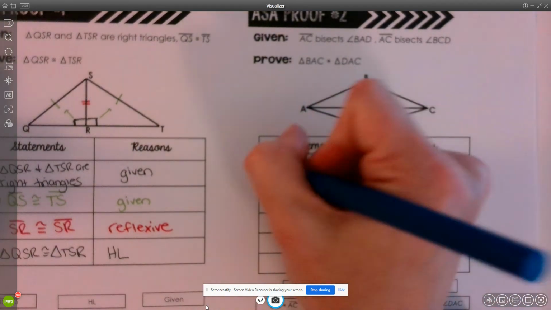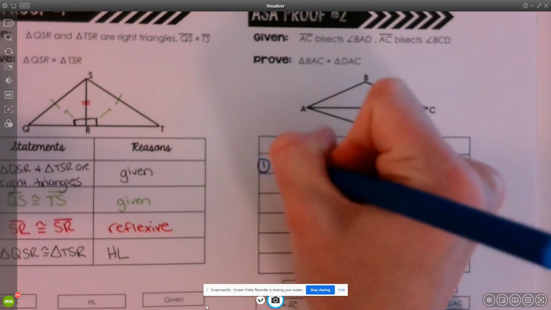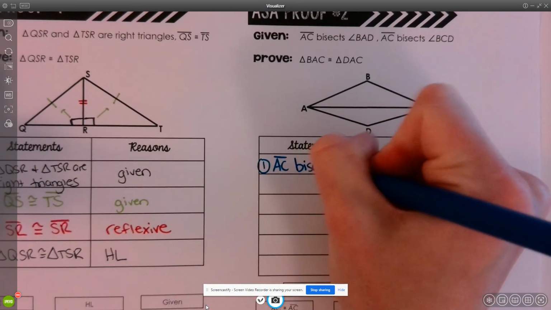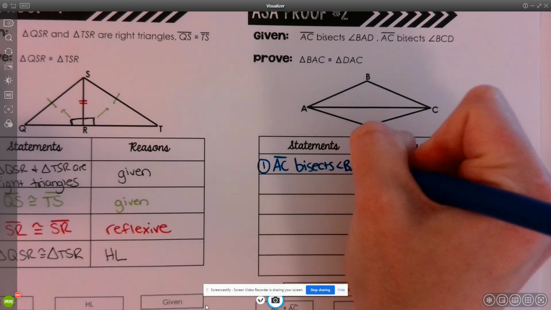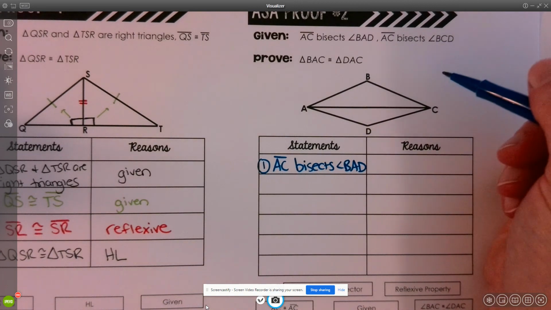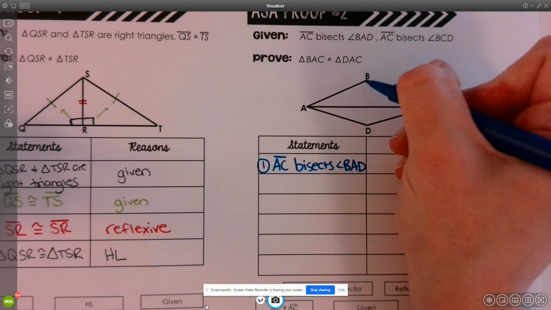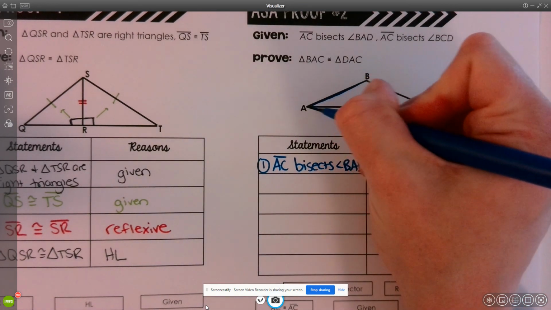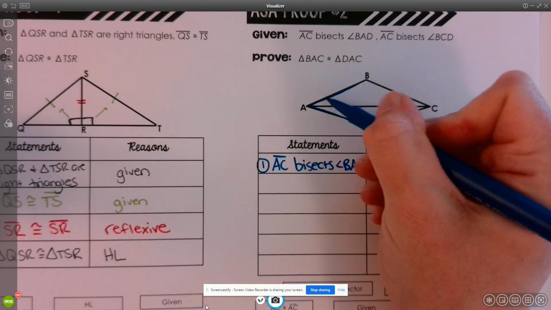Okay. Our first given, line segment AC bisects angle BAD. Line segment AC bisects angle BAD. That is this angle here.